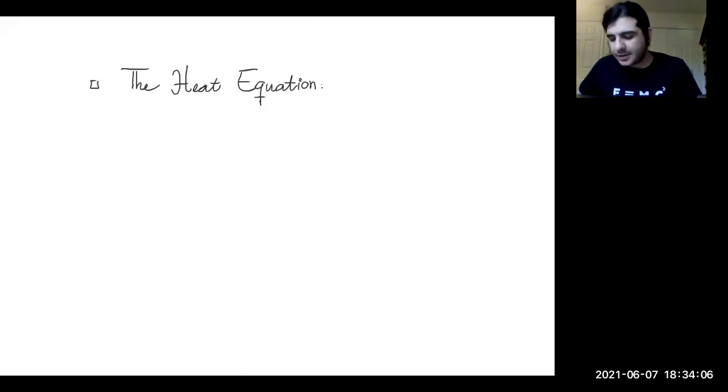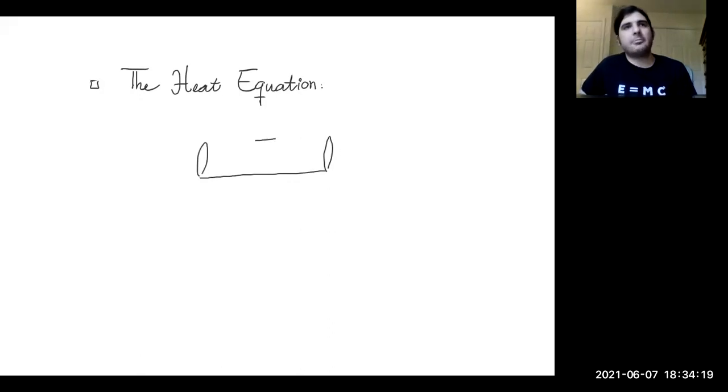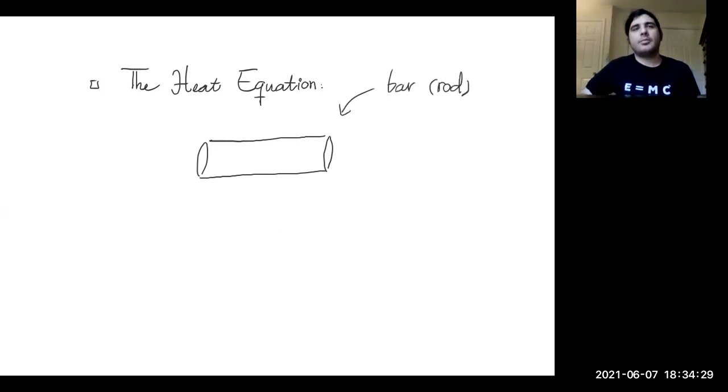This is actually the first example of a PDE we are studying in this course. Here we are studying something like a bar, or what is called a rod. Suppose this is a bar or a rod, a metal bar or something like that, a heat conducting material.